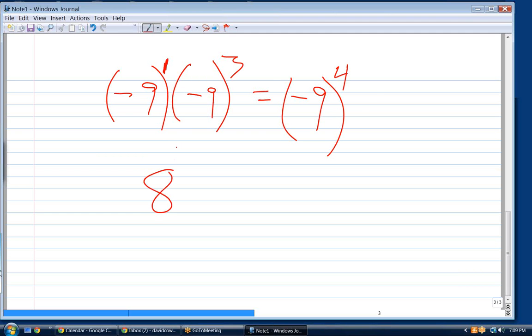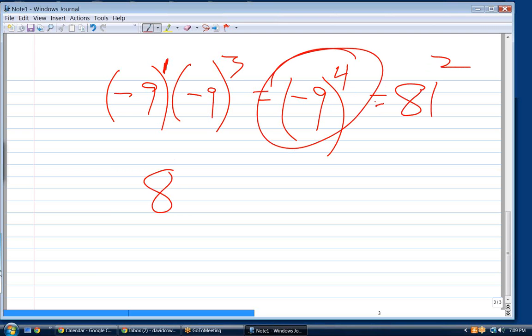Okay, what's 8? And then whatever that number is, it's going to be 81 squared. And it will be positive because it's an even exponent, and that exponent acts on the negative 9 also.